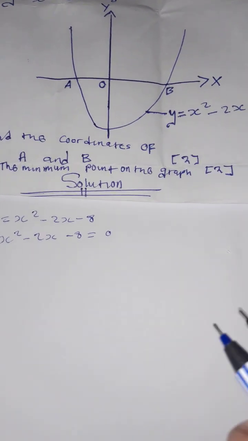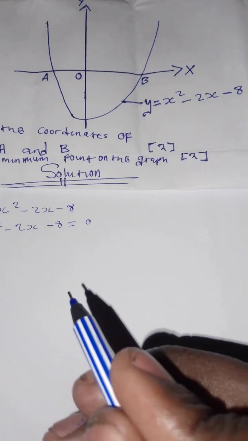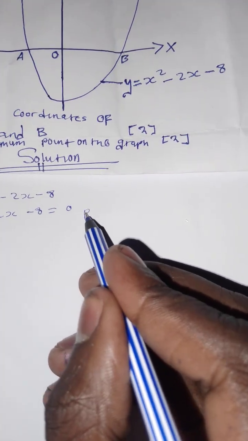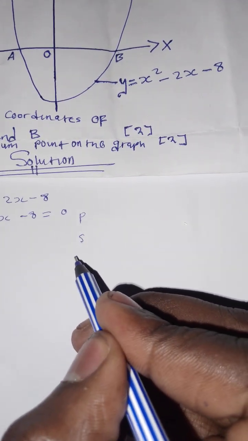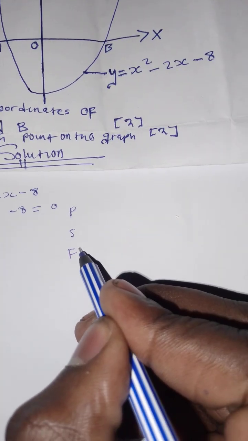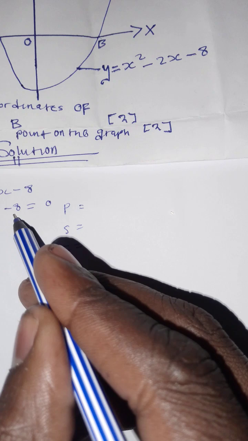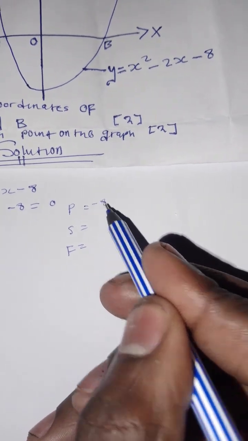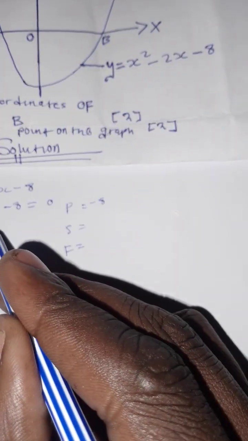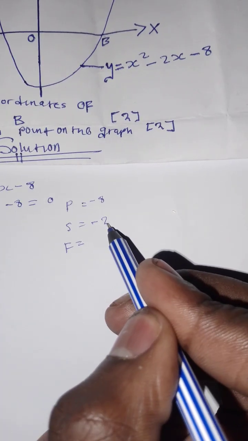Then I need to find what we call the product, sum, and factors. Our product is −8, and our sum is −2.